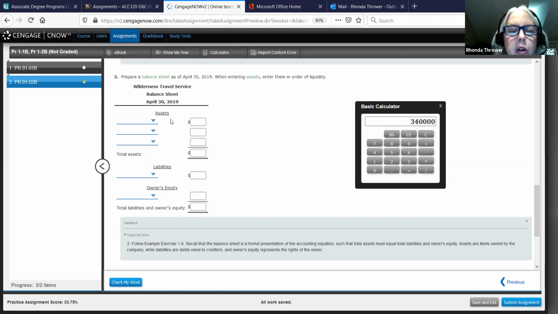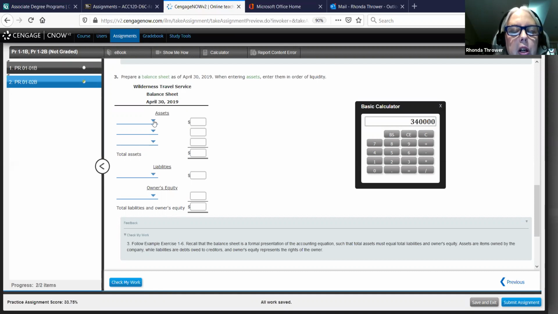Sometimes balance sheets can be prepared where you would have the assets on the left side of the balance sheet. Then you would take the information for liabilities and put it on the right side of the balance sheet, and your owner's equity would also go over on the right side of the balance sheet. So there's different formats of the balance sheet. This one is what we call the report form because it's going straight down the page.